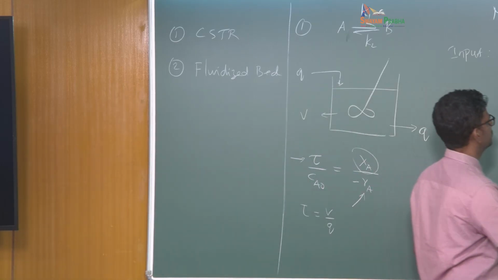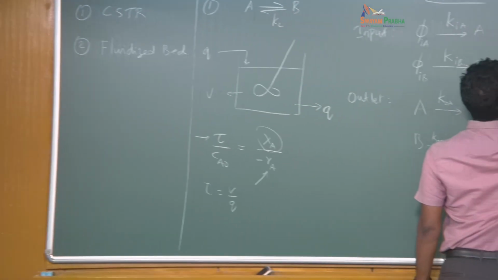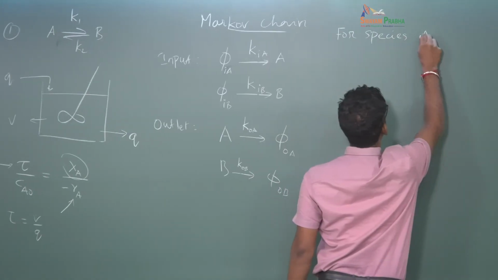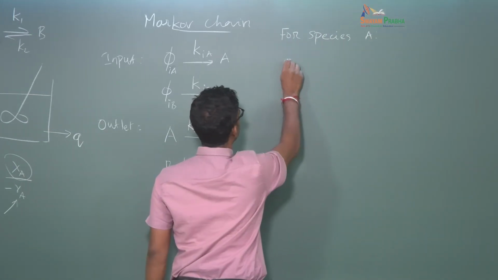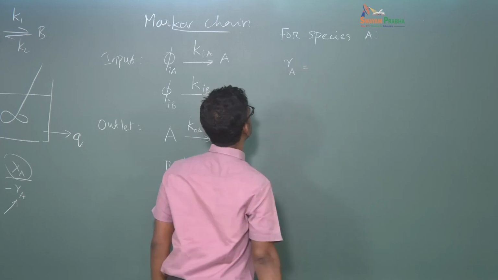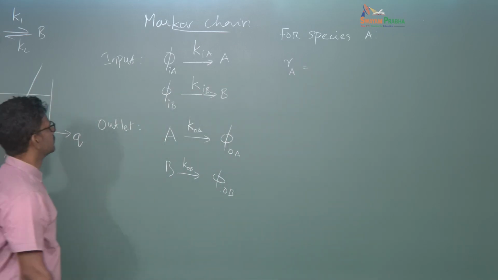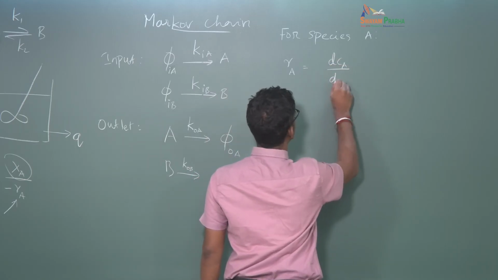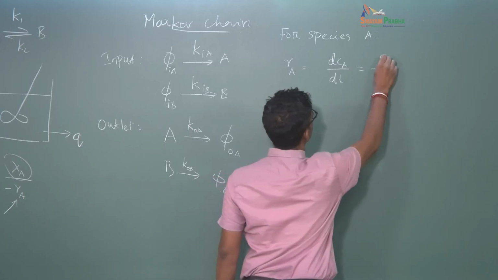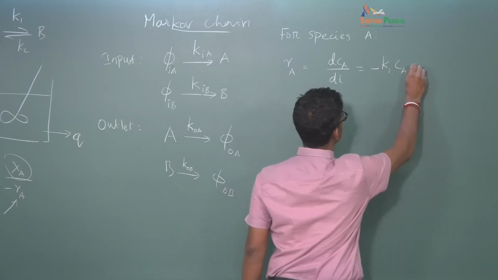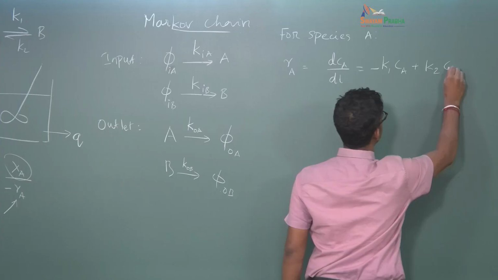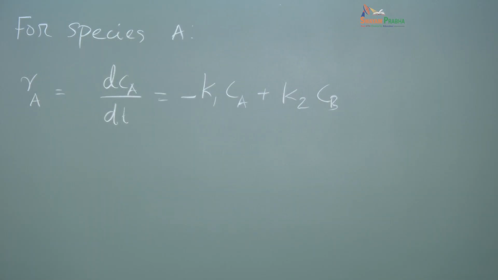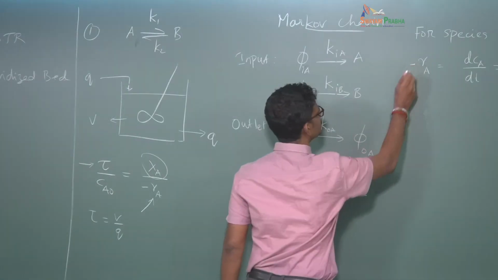We'll write for species A, so dCA by dt, you can put minus RA.